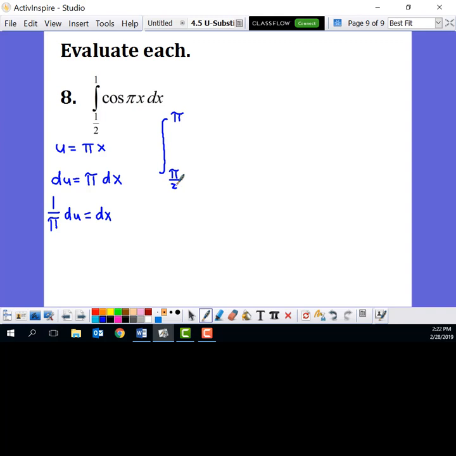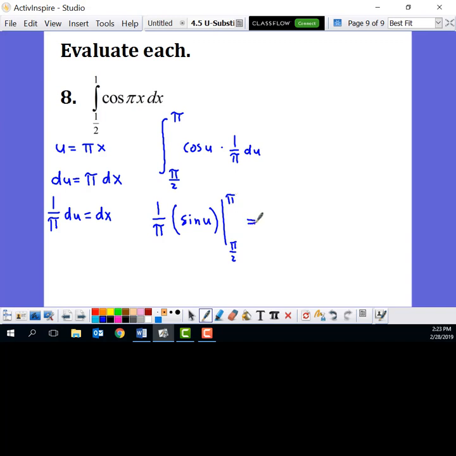Okay, so then I have the integral of cosine u times 1 over pi du. You can slide the 1 over pi out to the front, and then you can evaluate the integral of cosine. Okay, the integral of cosine u is simply sine u. And again, we're evaluating this from pi over 2 to pi.